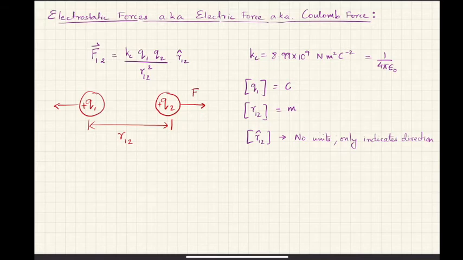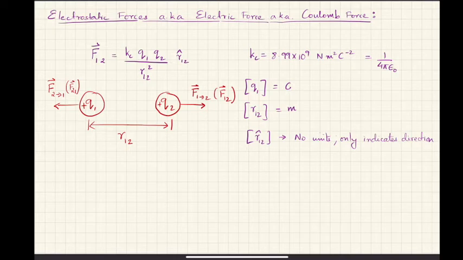So this is force 1 acting on 2, or I will abbreviate it as F12. And this is the force of 2 acting on object 1. And they should all have vector symbols because force is a vector. And I will abbreviate that as F21.